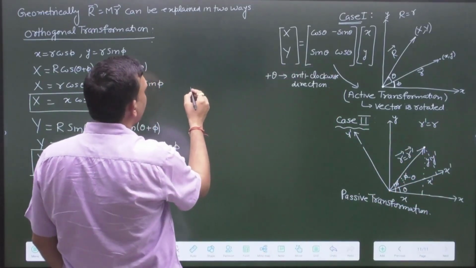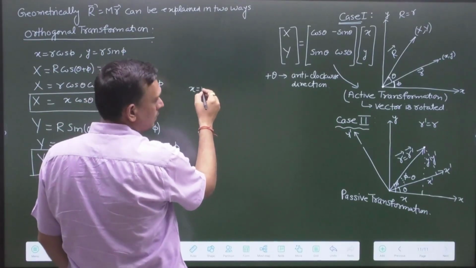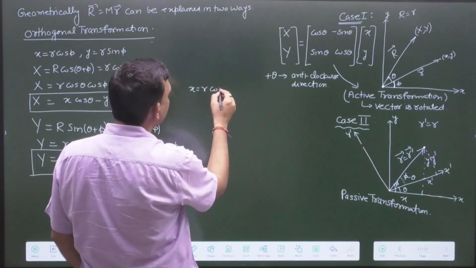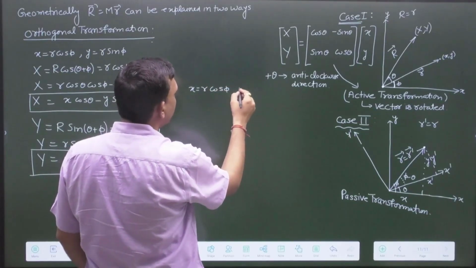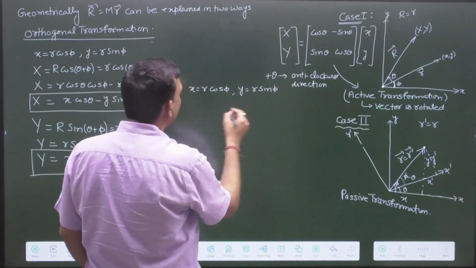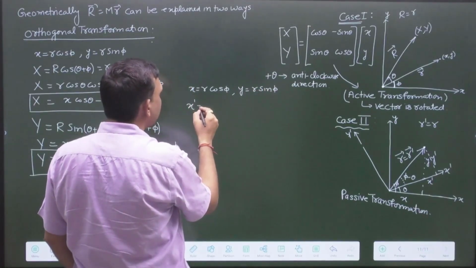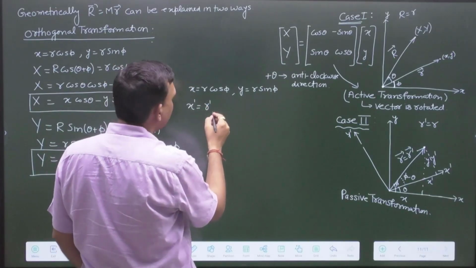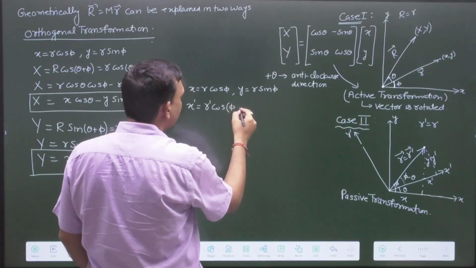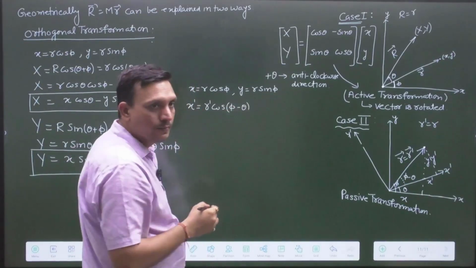So x is equal to r cos phi and y is r sin phi. What will be x dash? x dash is r dash cos(phi minus theta). Can we write this?